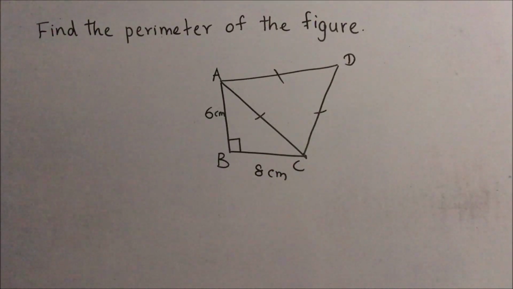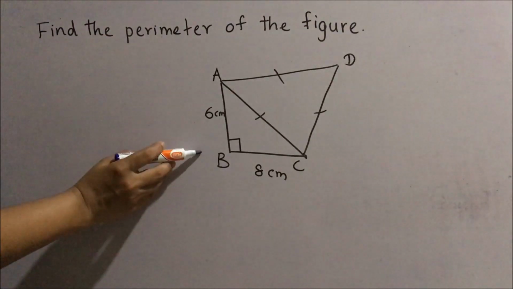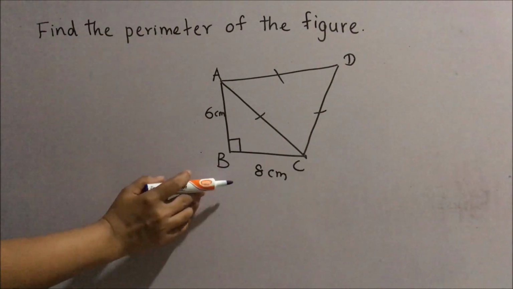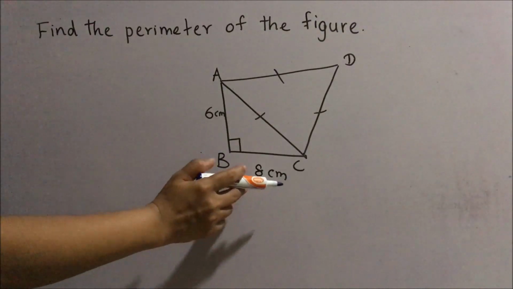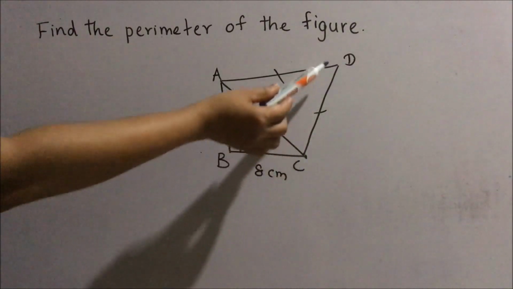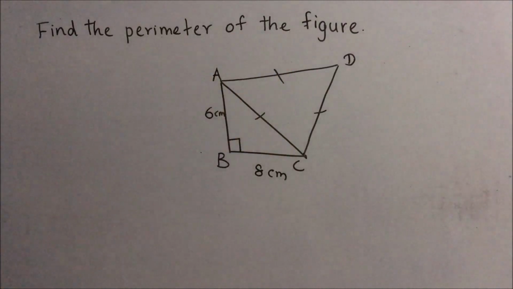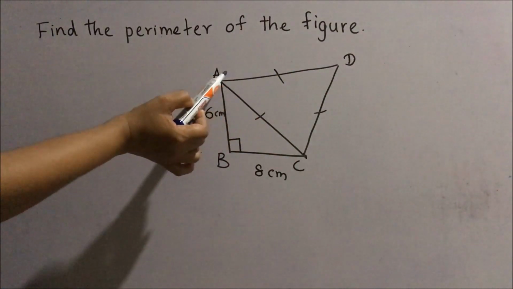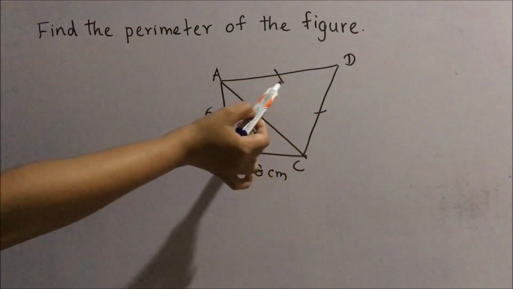Find the perimeter of the figure. Now we have to find the perimeter of this ABCD figure. Here AB equals 6 centimeters, BC equals 8 centimeters. We have to find the length of CD and AD. But AD and CD are equal.